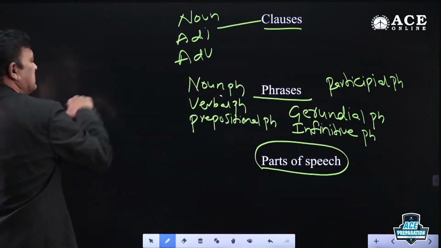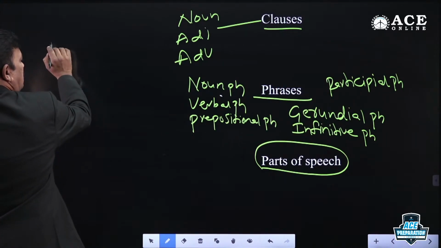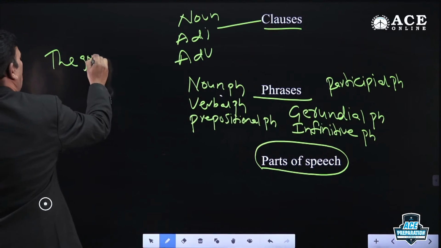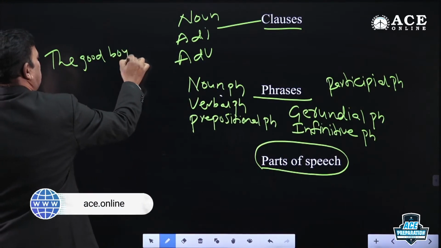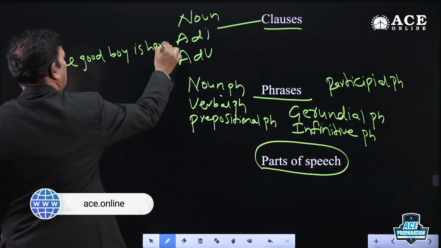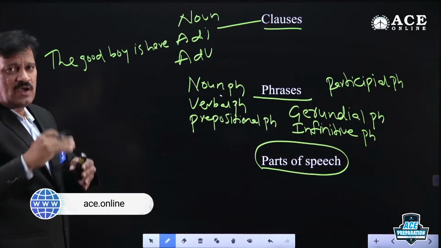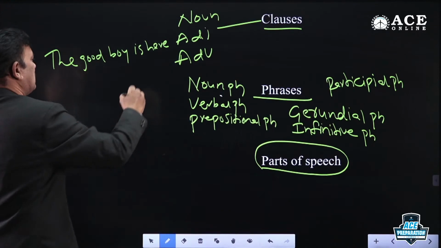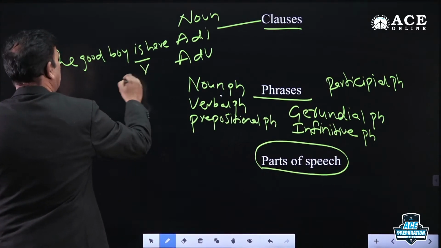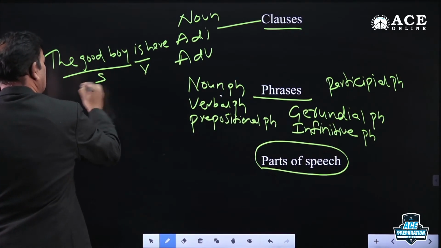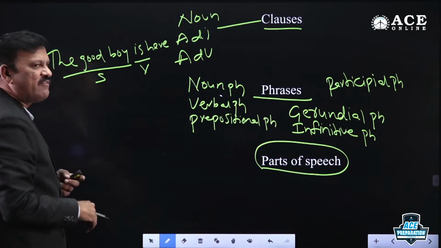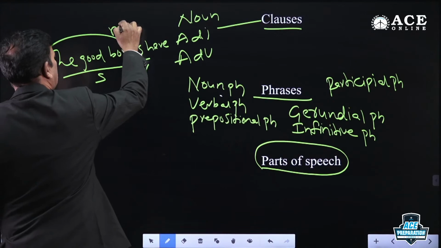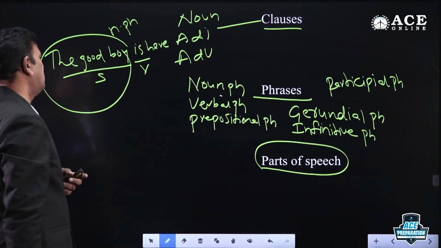Let me use this space. The good boy is here. I'm asking to break this sentence into the SV structures I was talking about. So this is the verb, this is the subject. In subject, if you have a group of words, that group of words is called a noun phrase.